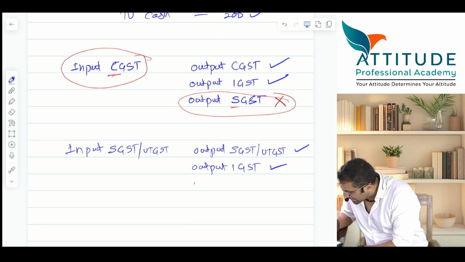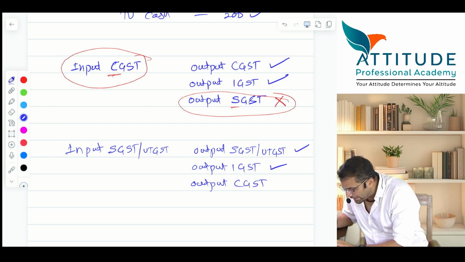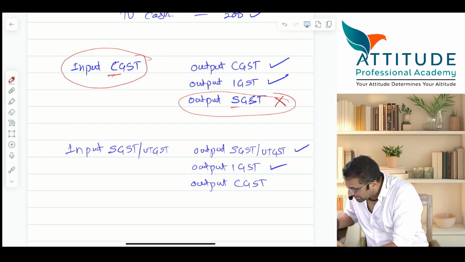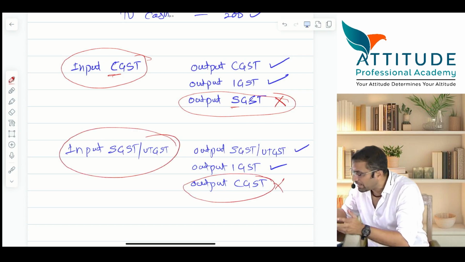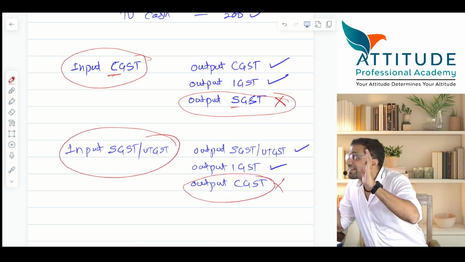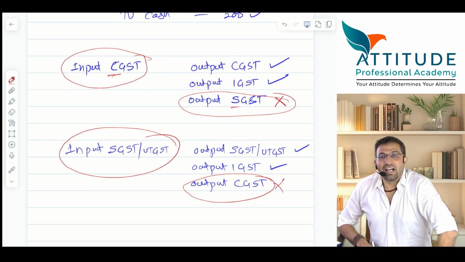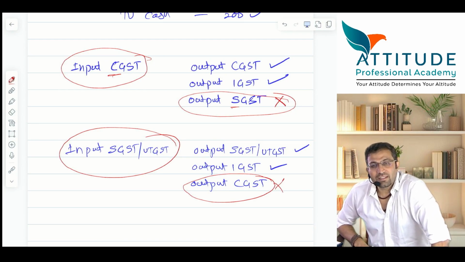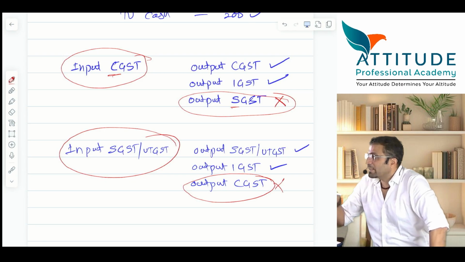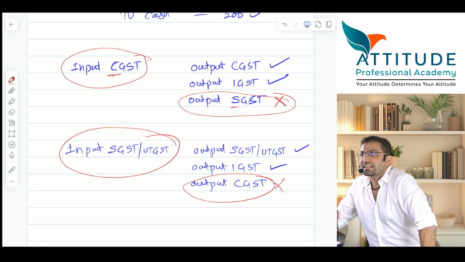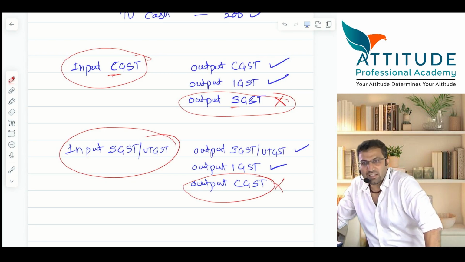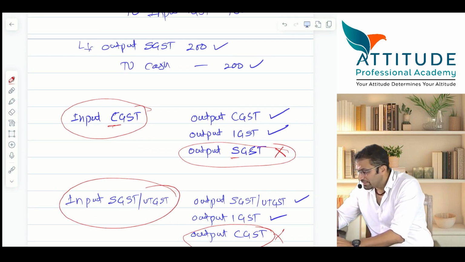Can it be utilized against output CGST? Answer is no. Why? State government and central government do not match. That is how you remember. Understood? Clear? Very much clear? Guarantee? Shall we proceed? Sure?